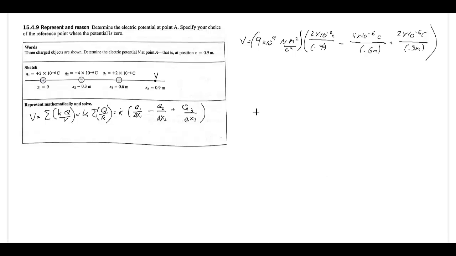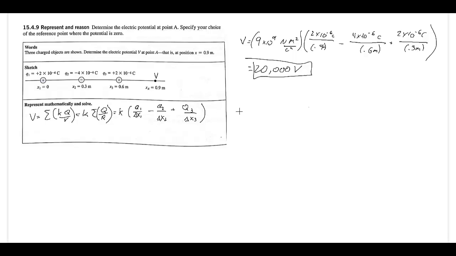All right, and plugging all that in, we get roughly 20,000 volts. That's going to be our potential at that point from those three charges.